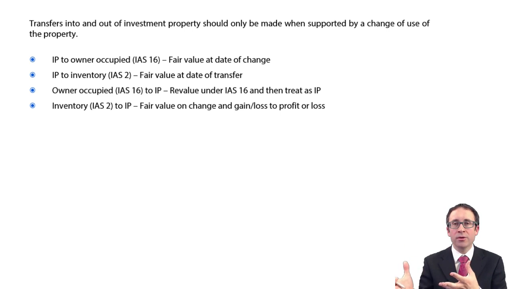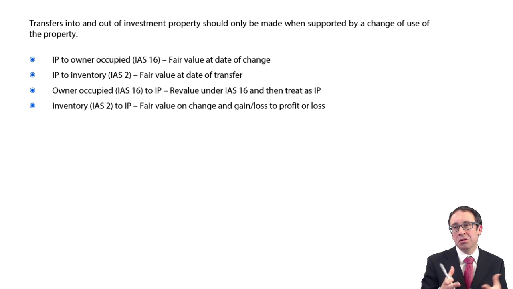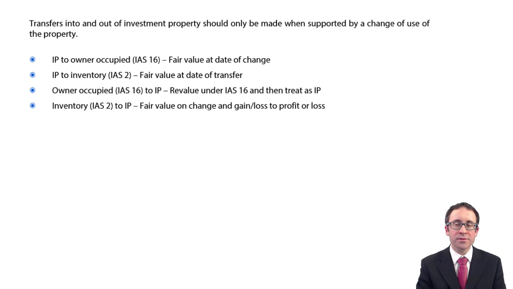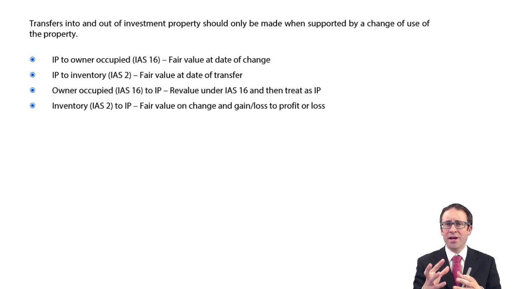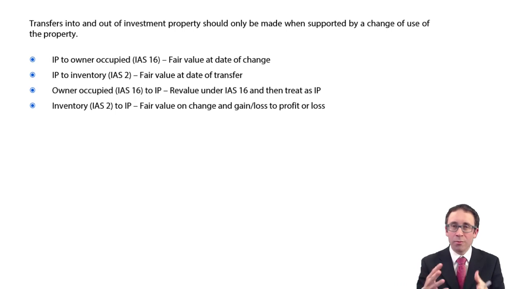So maybe it was some form of building, and now you've decided to occupy it yourself. So therefore it is now under IAS 16. What happens maybe if your business changes and instead of having your buildings as investment property, you now buy and sell buildings as part of the ordinary course of operations. So it now moves into IAS 2 territory.